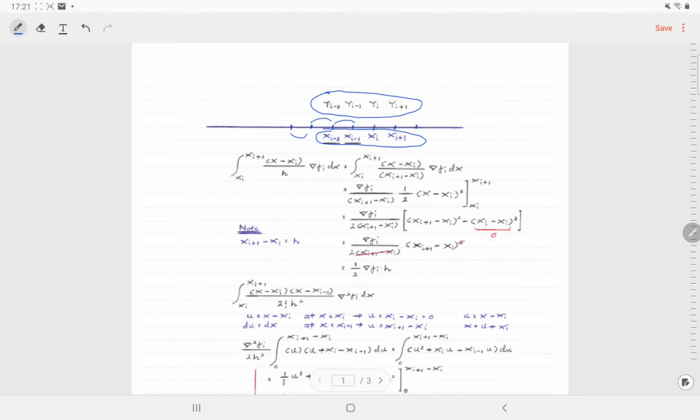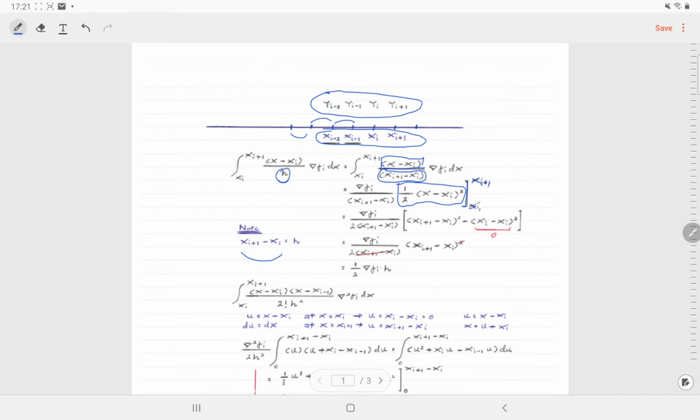Okay, so we go to the derivations of the integrations for the second term. So h, as we note, is equal to x i plus 1 minus x i. Okay, so this will become this term in here. Okay, then when we integrate this term x minus x i, we will get this term in here, and then we use the upper limit of x i plus 1 and x i.